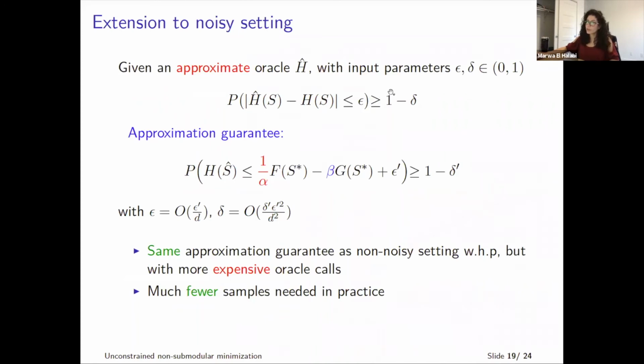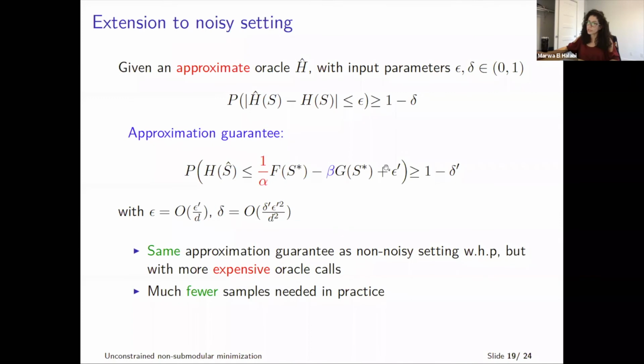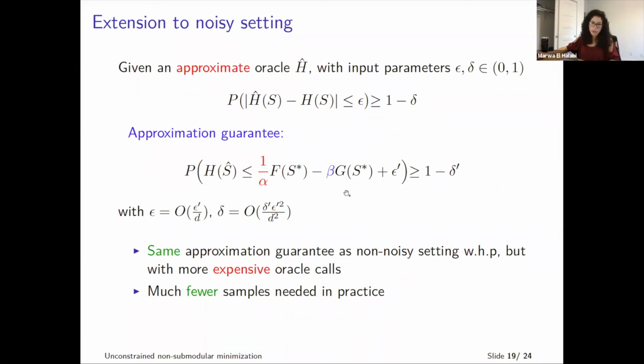Now, given this approximate oracle, we can still run the same algorithm with some choices of epsilon and delta, and we end up with the same approximation guarantees, but now they hold in a probabilistic way, not deterministically. So it will hold with probability 1 minus delta prime, and you can ensure the desired additive error and probability by choosing the input parameters of the approximate oracle.